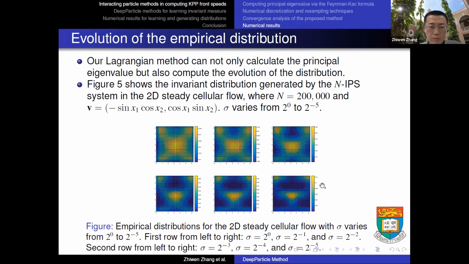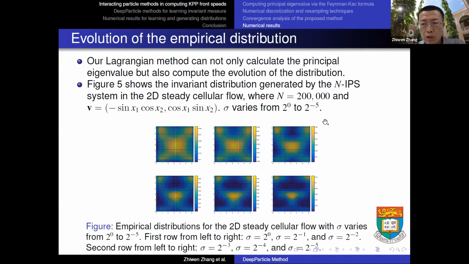All right, let me move to the DeepParticle case. In the particle method, if you evolve these particles, you can get this empirical distribution. If this empirical distribution converges to the invariant measure, you can plot it out.